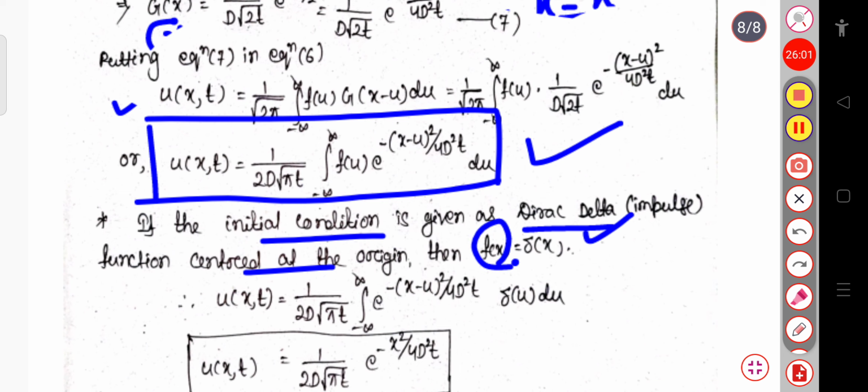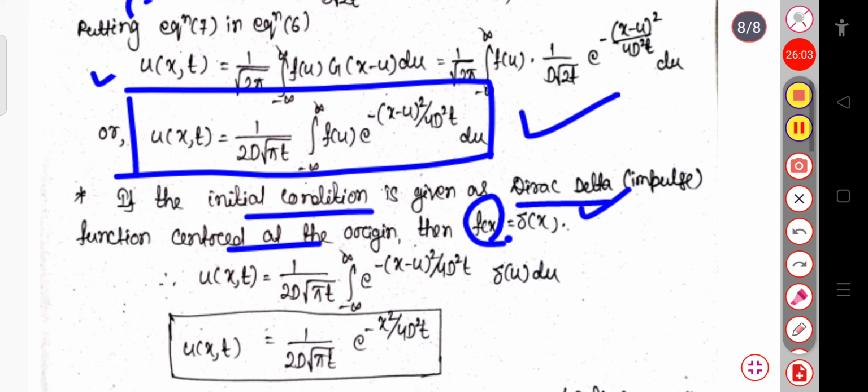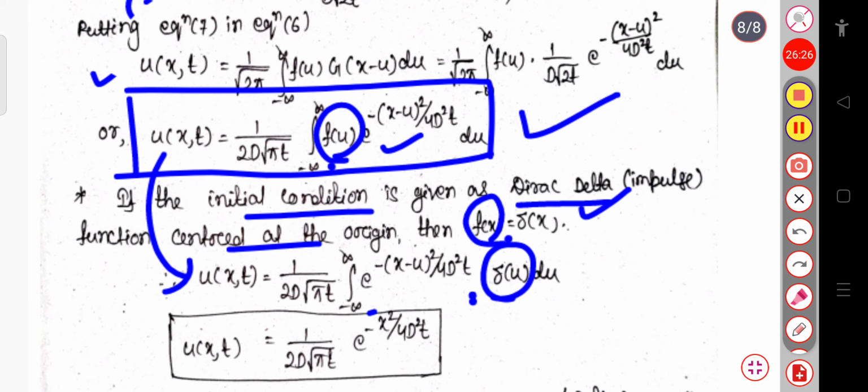So here, u of x,t will be equal to 1 by 2d root over pi t, integration over minus infinite to plus infinite, exponential minus x minus u whole square divided by 4d square t, into, in place of f of u, suppose the function is delta of u.